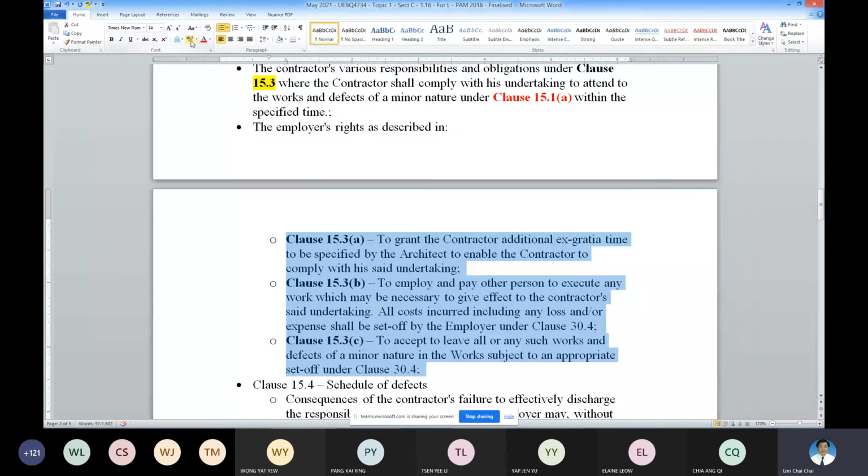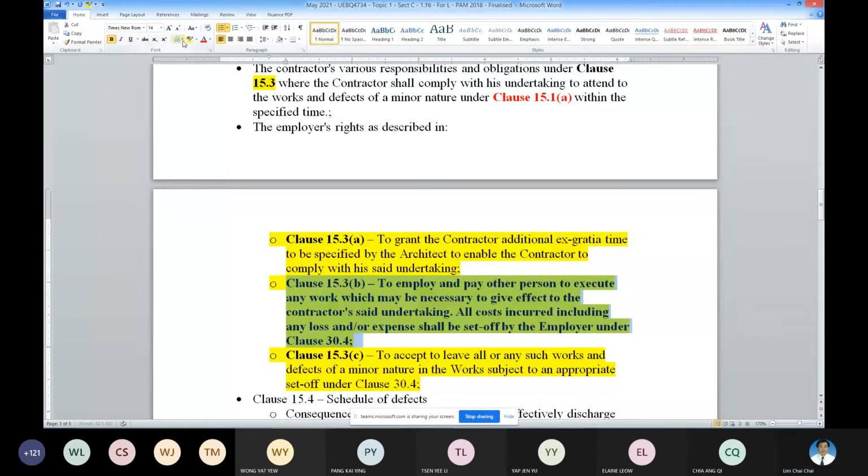More often than not, I find that this is the more powerful one: the contractor will have to rectify the work. If not, the employer will engage another party and charge it to you. I doubt they will very seldom use 15.3c, to leave the work and tell the contractor not to do the repair. So these are the usual rights that the employer has against the contractor.